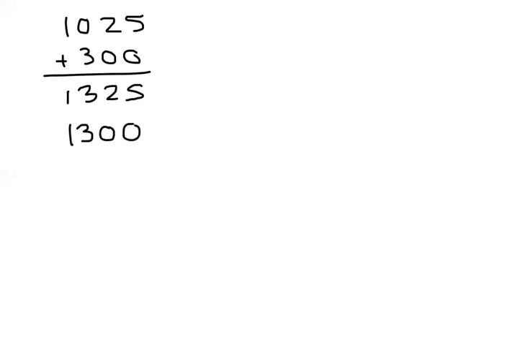The reason for this is, if I had exactly 1,025 people in one class and about 300 in my other class, I couldn't say that I have exactly 1,325 students, because I said about 300. When you add something that's about 300 and exactly 1,025, you can only say that you have about 1,300 students. Everybody get that? Excellent.